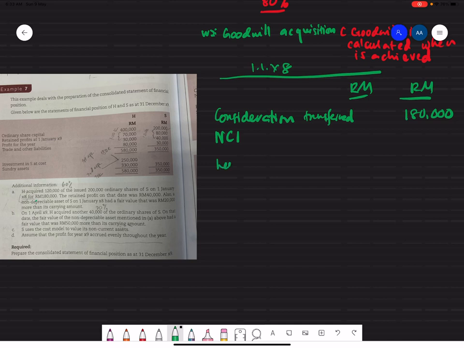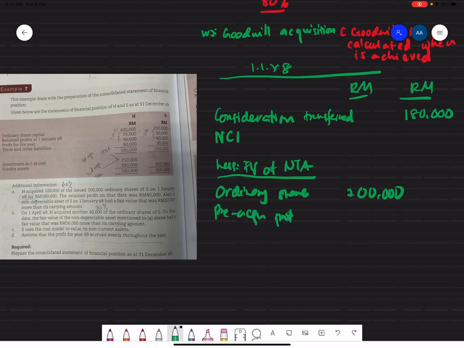Less fair value of net identifiable assets. Normally, ordinary share of S, which is 200,000, pre-acquisition profit, which in this case is 40,000.